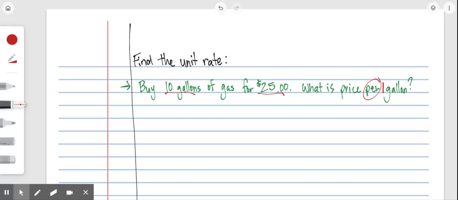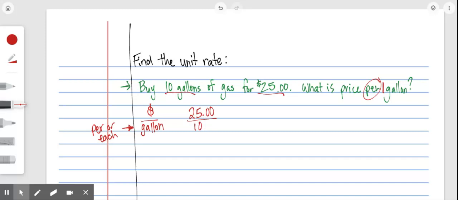So I'm going to set up a ratio. I'm going to set up a price per gallon. Okay. And I notice that gallon is on the bottom because that's the word that I said per or each or for 1. Okay. When I write a unit rate, that number is on the bottom. So I'm going to start with $25. So I start with $25 out of 10 gallons.